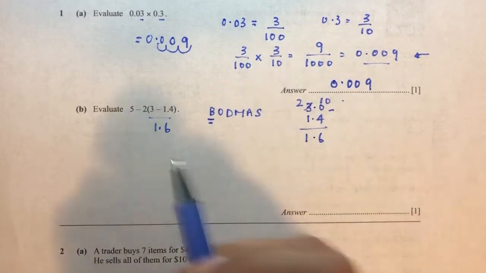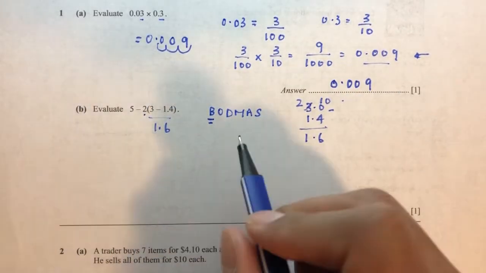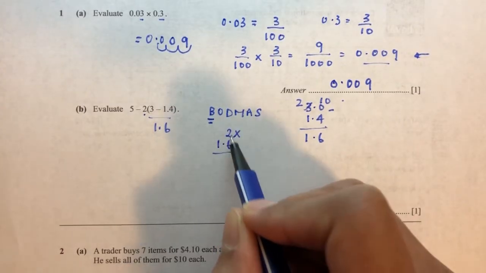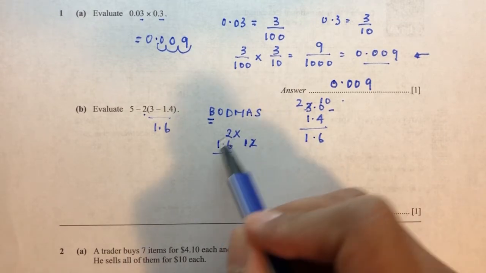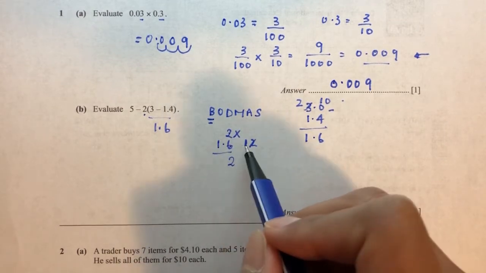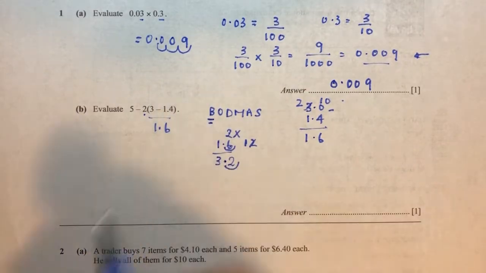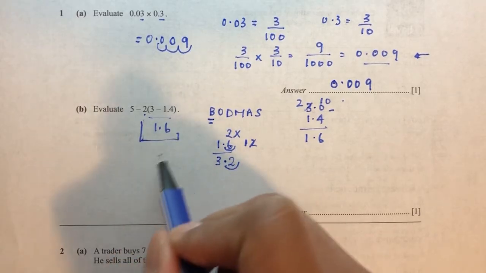So 1.6. And what is 2 times 1.6? 2 times 6 is 12. And 2 times 1 is 2. Plus 1 is 3. And we have 1 decimal place, so 1 decimal place. Okay, so this whole thing becomes 3.2.